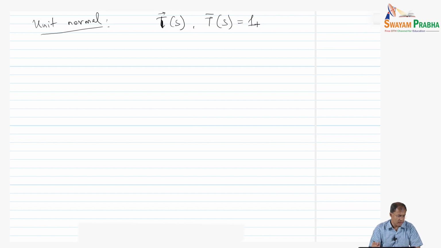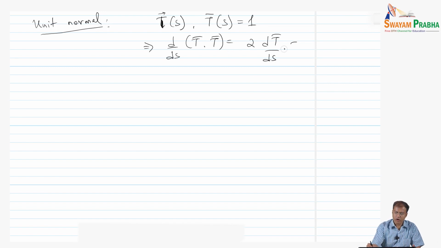Or we see that d ds of T dot T is going to be, well, we can use the chain rule, 2 dT ds dot with T, right? And of course when we take the derivative with respect to S, we expect the derivative will be 0, because on the right hand side we have 1, a constant.